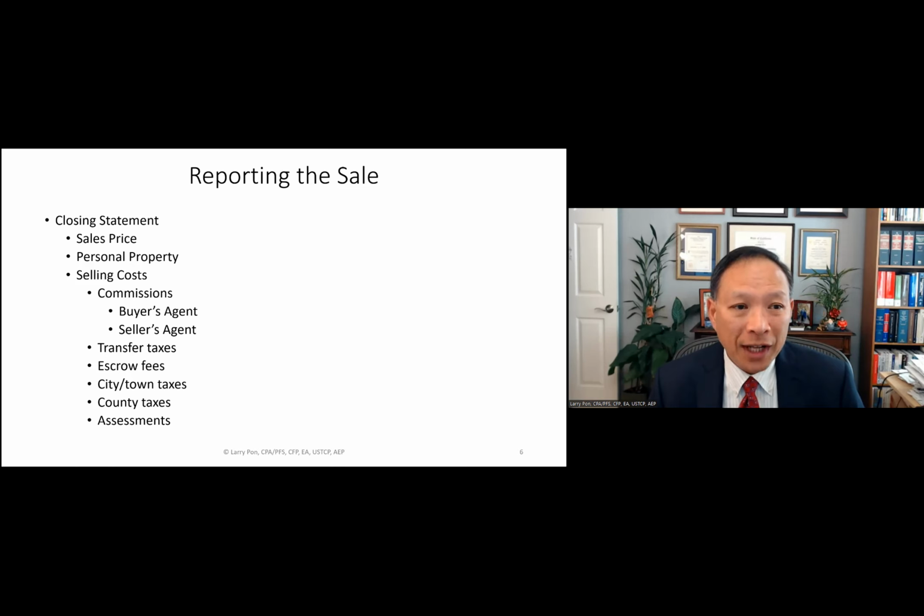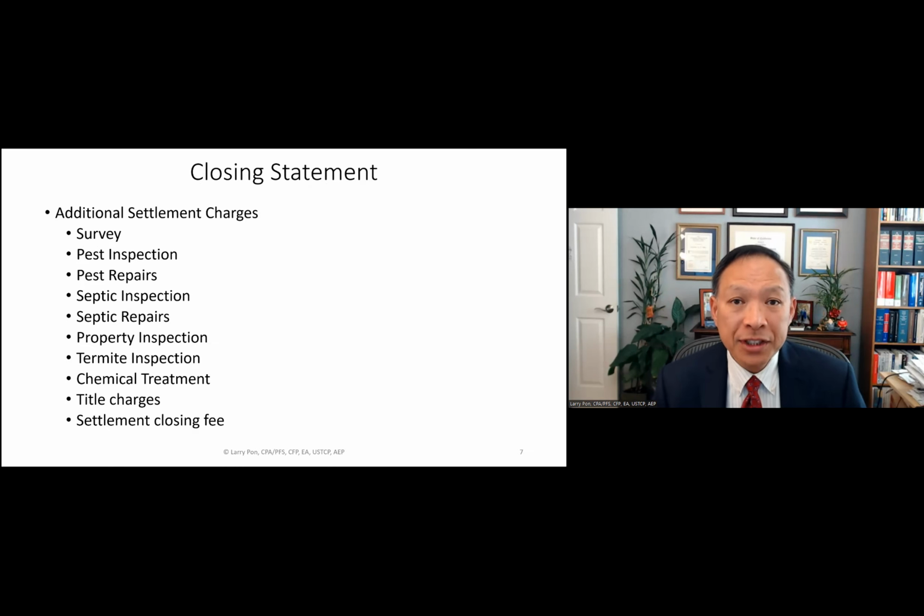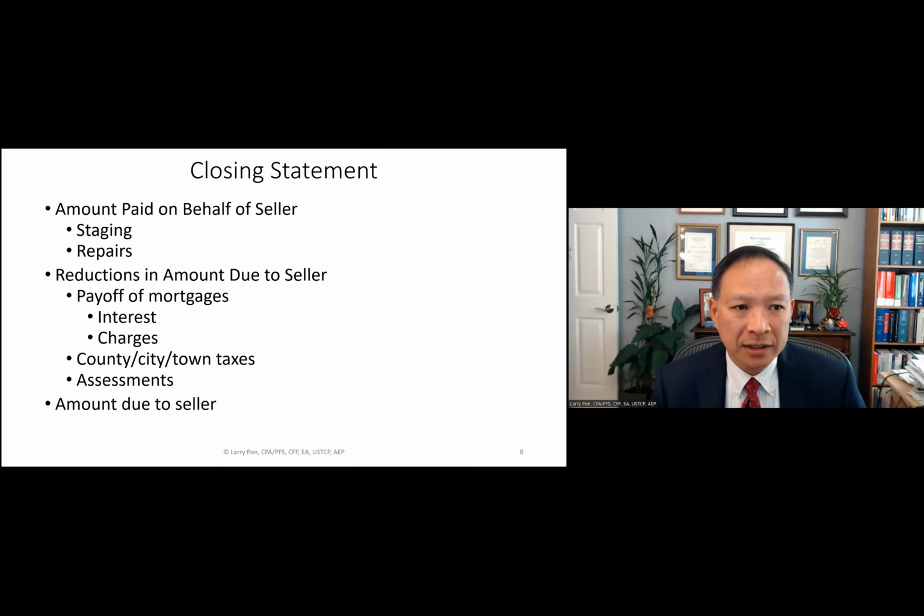Subtracting from the sales price would be the selling expenses, most notably the commissions from the realtors, the buyer's agent or seller's agent, the transfer taxes, the escrow fees, city and town taxes, county taxes, and assessments. Other settlement charges could be paying for a survey to figure out the boundaries, pest inspection, pest repairs, septic inspection, septic repairs, property inspection, termite inspection, chemical treatments, title charges, and settlement closing fees.